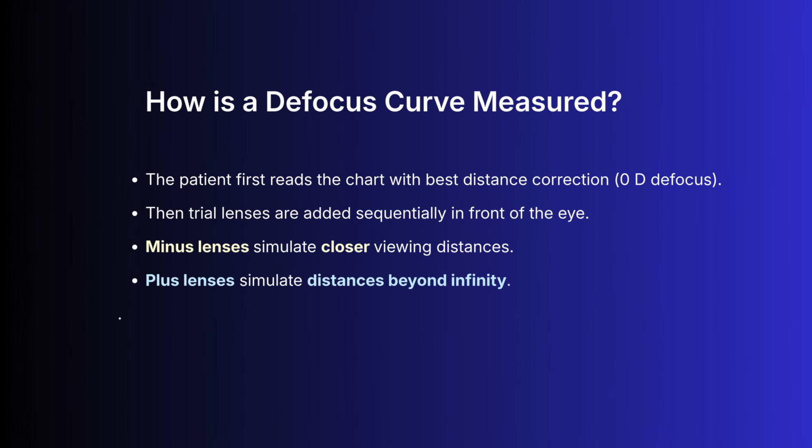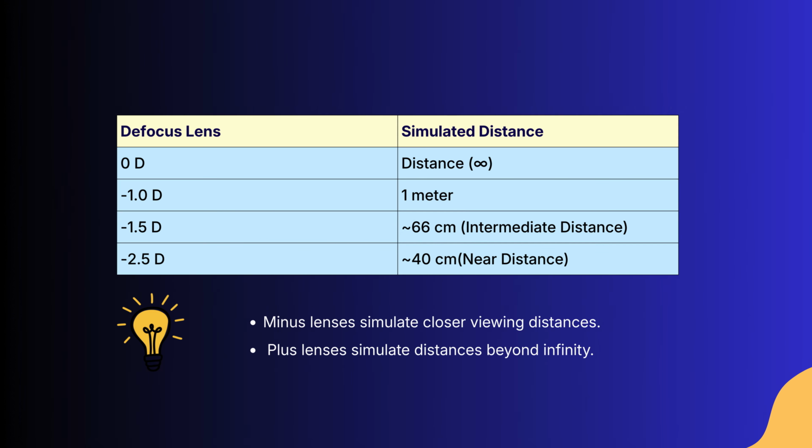In most cases, minus lenses are used to simulate closer viewing distances, while plus lenses simulate defocus in the opposite direction. At each step, the patient's visual acuity is measured and recorded. For example, minus 1.5 diopters correspond approximately to a viewing distance of about 66 centimeters, which represents intermediate vision.